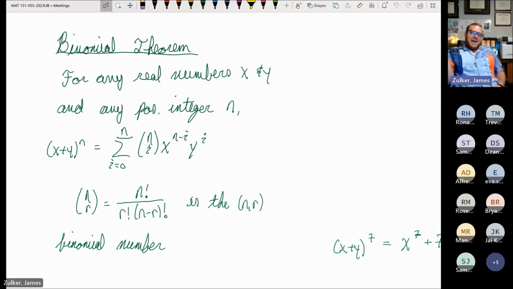Start with x to the highest power, so x to the n, and then y to the 0.